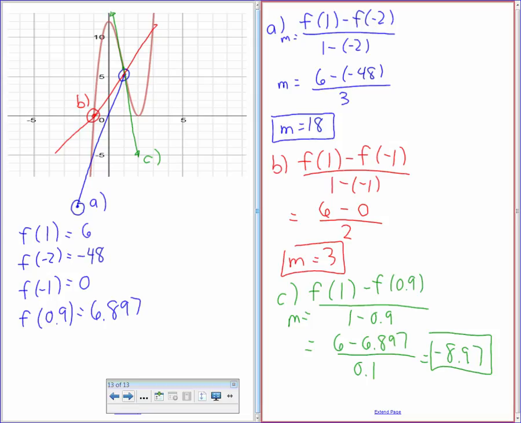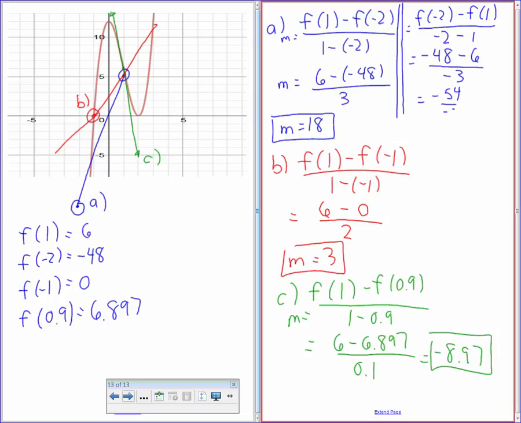Okay, let's say that we do it this way, f of negative 2 minus f of 1 all over negative 2 minus 1. F of negative 2 is negative 48 minus f of 1, which is 6, all over negative 3, which is negative 54 over negative 3, which is still 18.